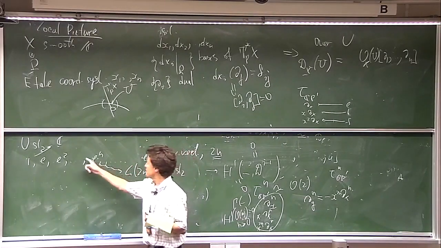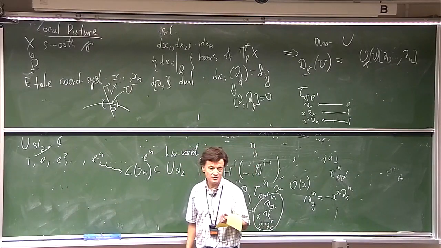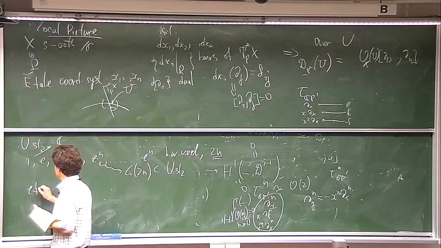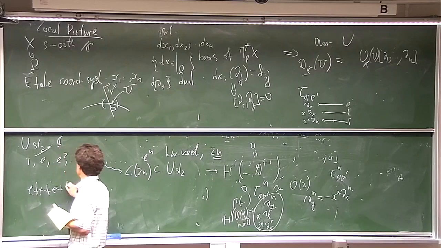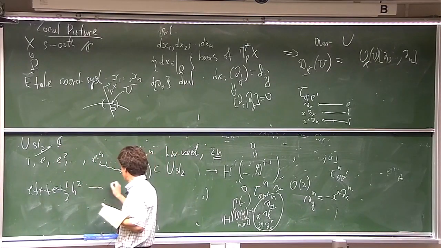None of these is trivial because the highest weight is non-zero. There is another one. Oh, come. Casimir, it's a central element, also gives you trivial representation.